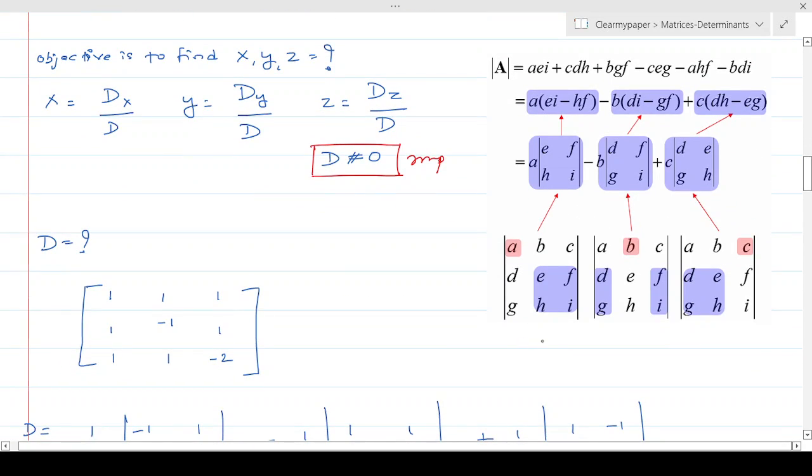You take any matrix which is a 3 by 3, and you have a choice. You feel free to choose any one row or any one column. That's your choice. The determinant does not change, okay?